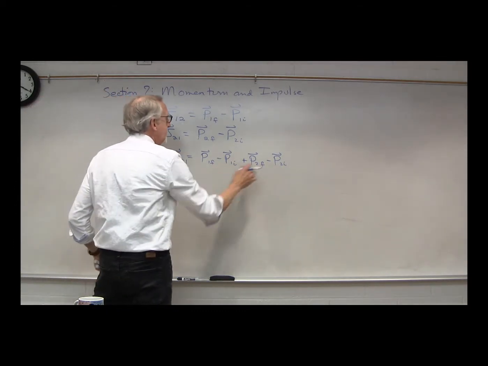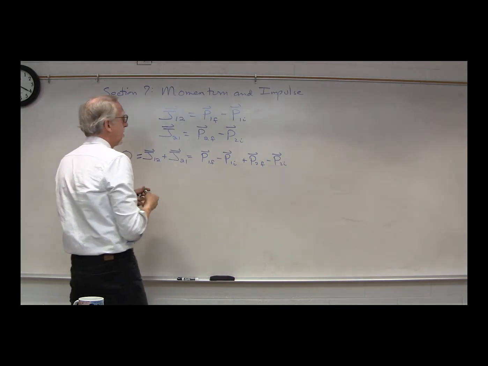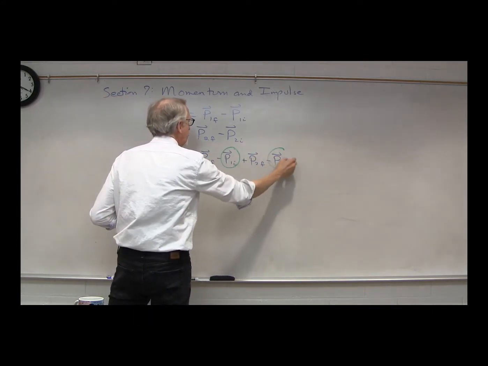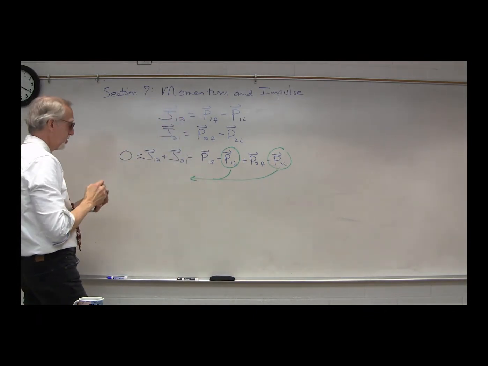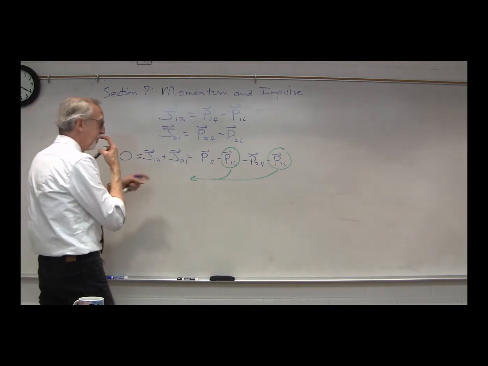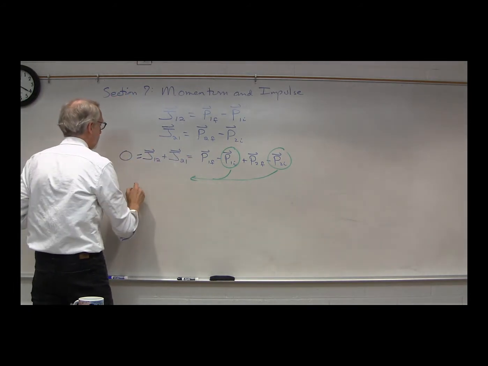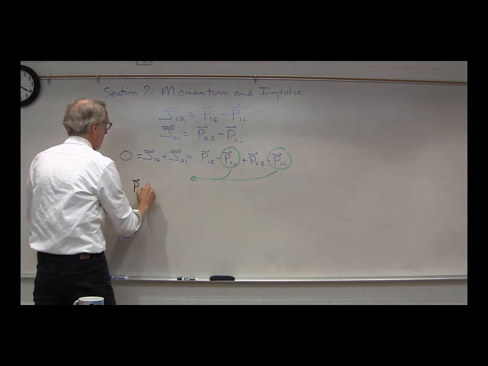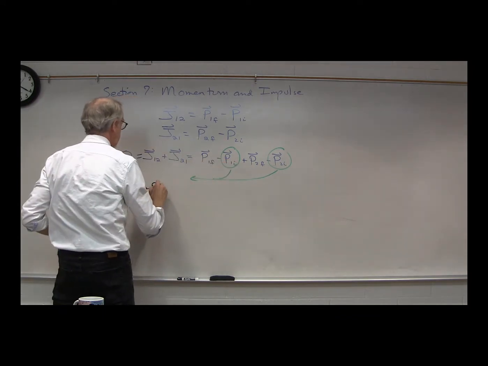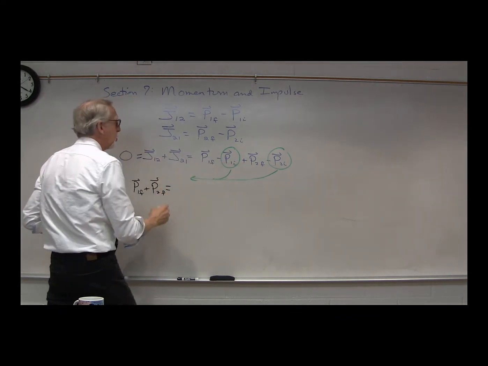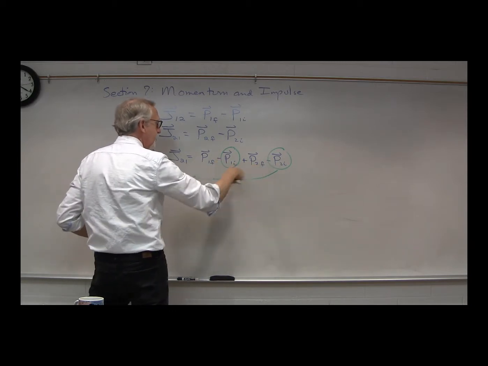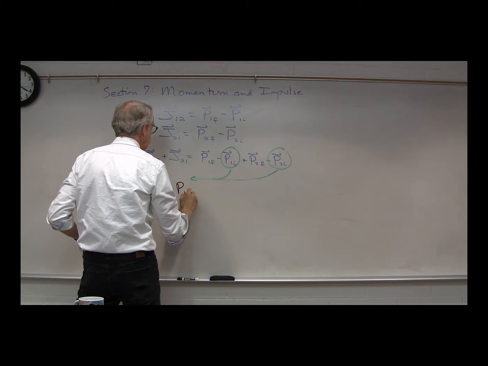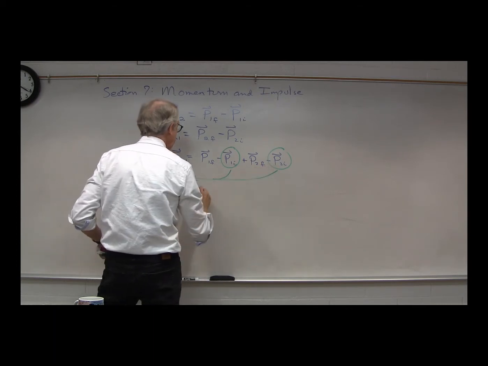Now, let's take the negative terms, let's say this one, and bring them to the other side. And what do we get? We get P1 final plus P2 final equals, now these coming to the other side, this is negative and negative, so they'll be positive, P1 initial plus P2 initial.